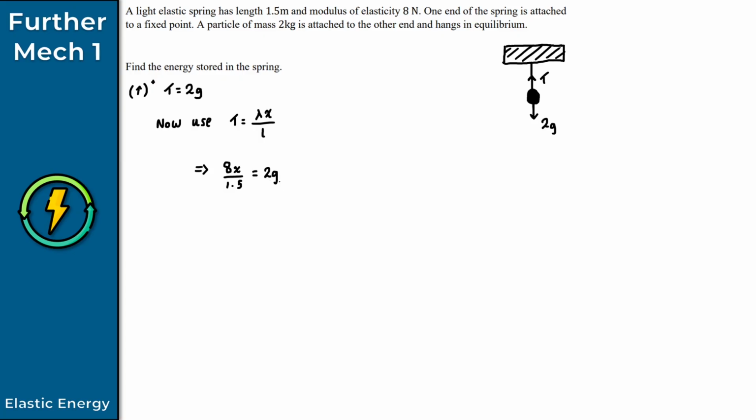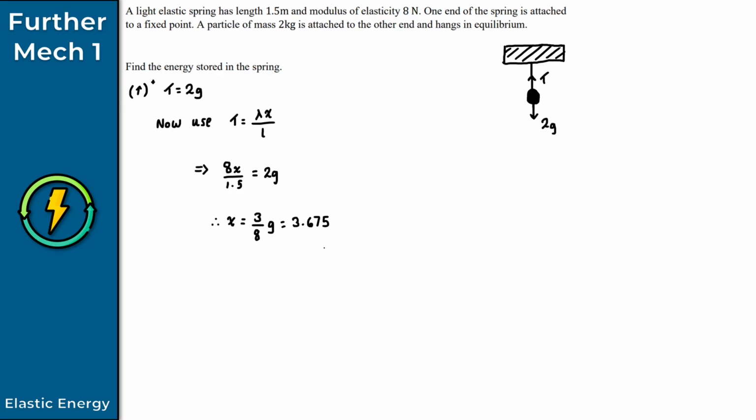So basic stuff, just times both sides by 1.5. So 8x is equal to 3g, and in that case x is equal to 3/8 of g. If you evaluate this, what we get is 3.675. But as we work through the question, it'll be easier to keep this in exact form anyway. But if you want the decimal equivalent, there you go.